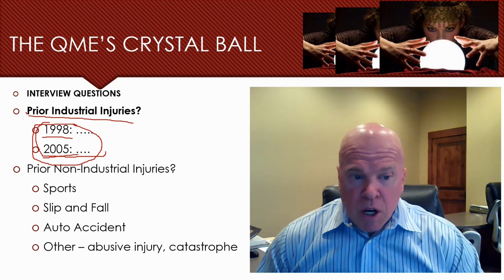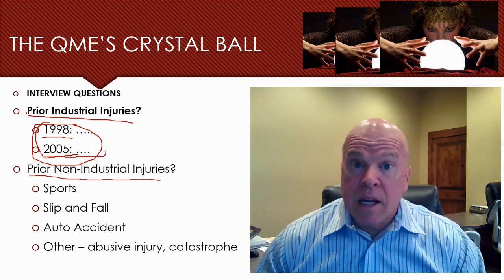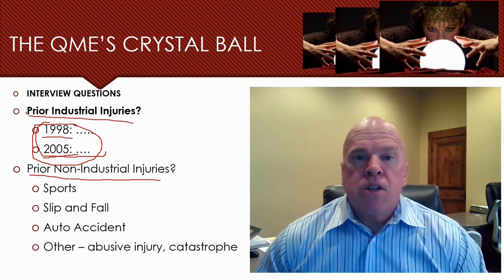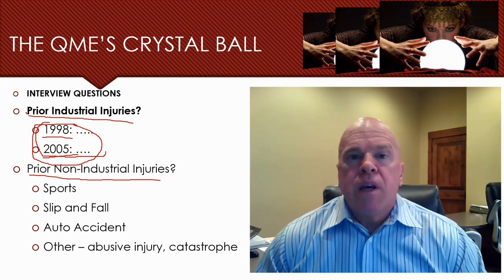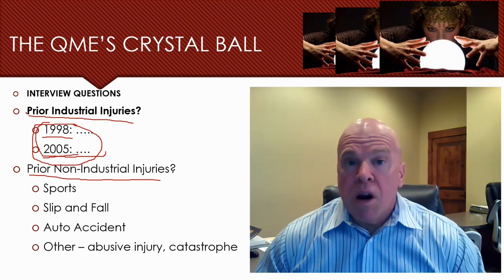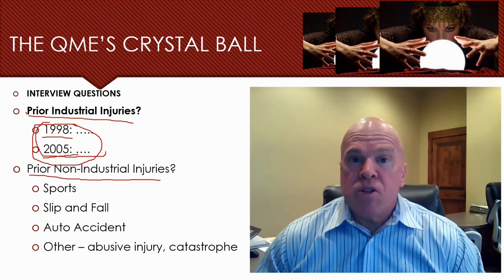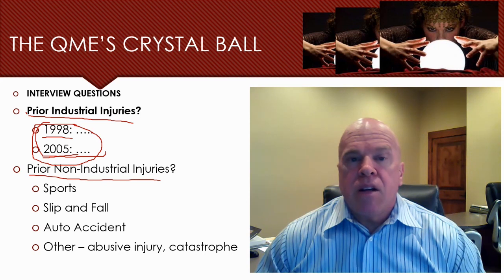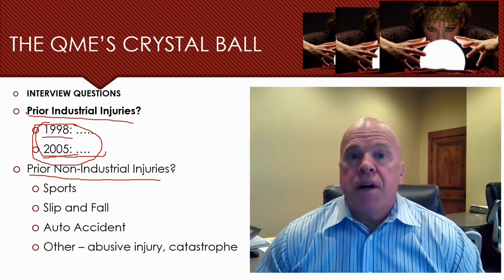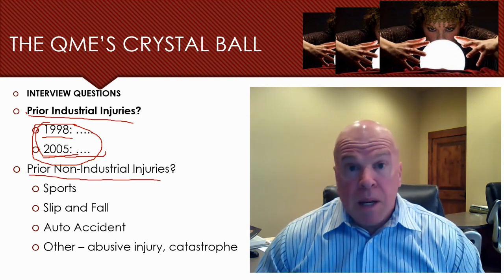Then you're going to pursue at great length, like a dog on a bone, any prior non-industrial injuries to the same or similar body part. And again, don't be surprised if the examinee is a vague historian regarding prior non-industrial injuries, or if the examinee downplays any prior injuries to the same body parts.